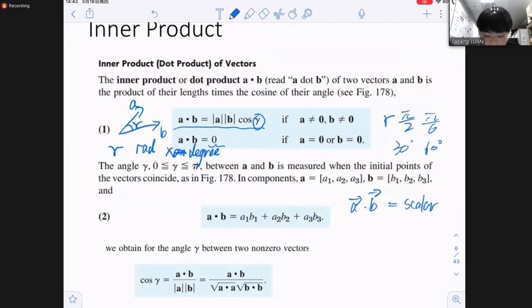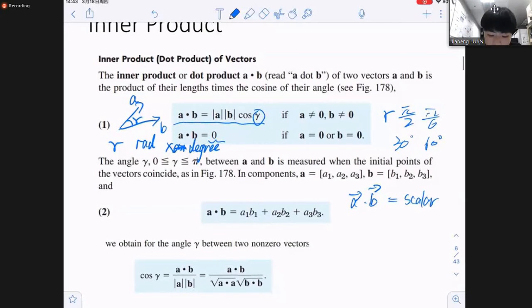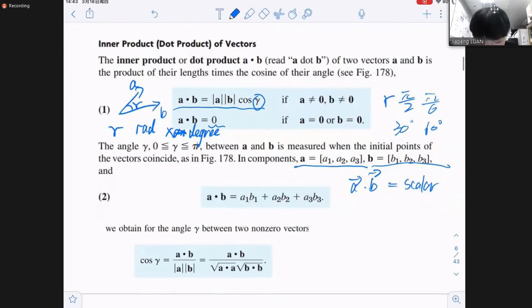It is actually scalar. And also if you have A = (A1, A2, A3) and B = (B1, B2, B3), you represent it in the coordinate form, and then you have this A dot B is A1B1 + A2B2 + A3B3.